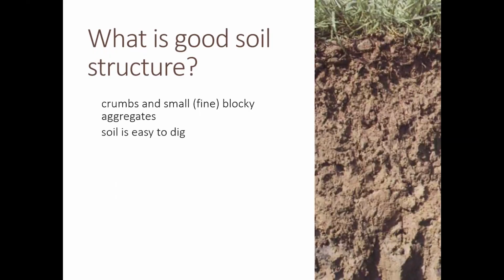It's lots of crumbs and fine blocky aggregates. So here's a picture of beautiful soil structure. One of the easiest ways to get a really nice picture of good soil structure is to go and look at long-term pasture soil, not a modern ryegrass-dominated sward, but a species-rich sward where you've got a combination of some deeper-rooted broadleaves in amongst grasses in long-term pasture, and look at a sward where it's about the right pH and not too infertile, so it's got nutrients in it.